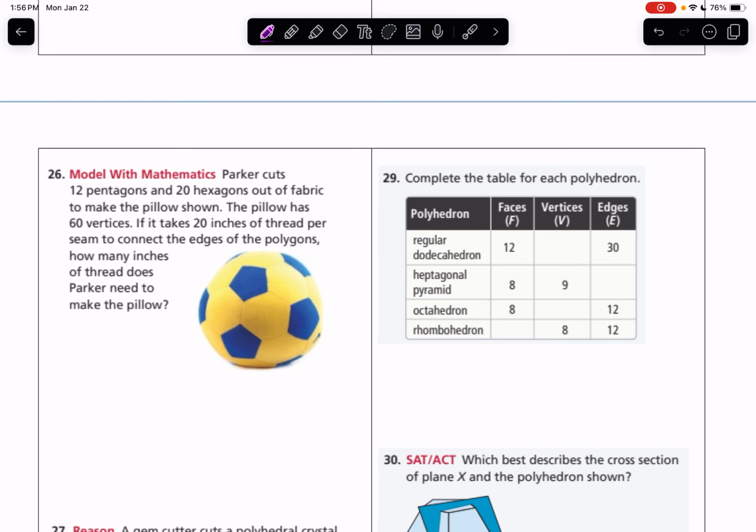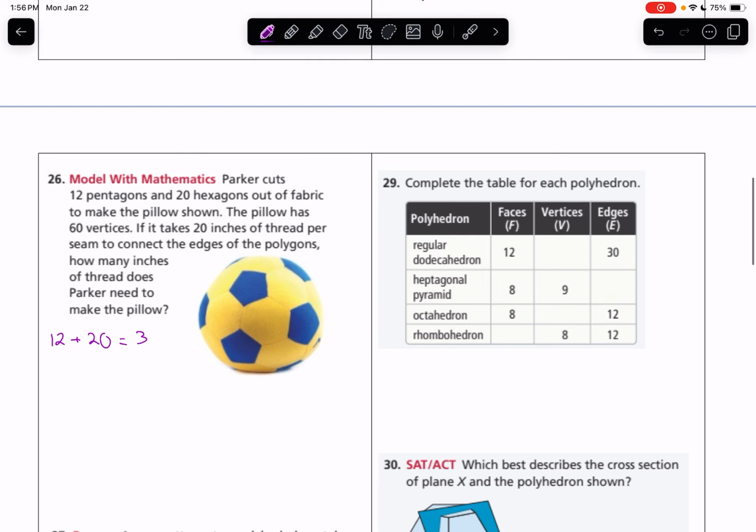26. Parker cuts 12 pentagons and 20 hexagons out of fabric to make the pillow shown. The pillow has 60 vertices. If it takes 20 inches of thread per seam to connect the edges of the polygons, how many inches of thread does Parker need to make the pillow? So we're going to use the formula here. And we have, let's see, 12 pentagons and 20 hexagons. Those are all faces of the shape. So altogether we have 32 faces.